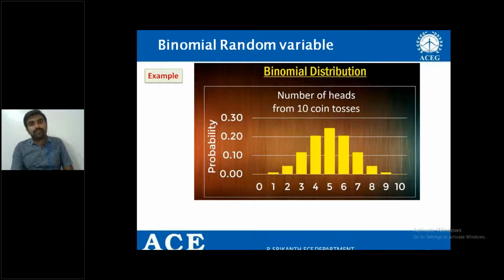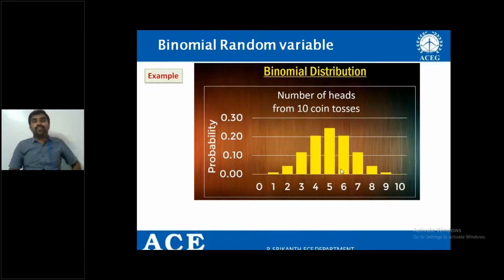The number of heads may be 0, or 1, or 2, or 3, or maybe all heads, that is 10 heads, right? So by representing the probability of occurrence of each outcome, I can draw the distribution, and that distribution can be represented as a binomial distribution.